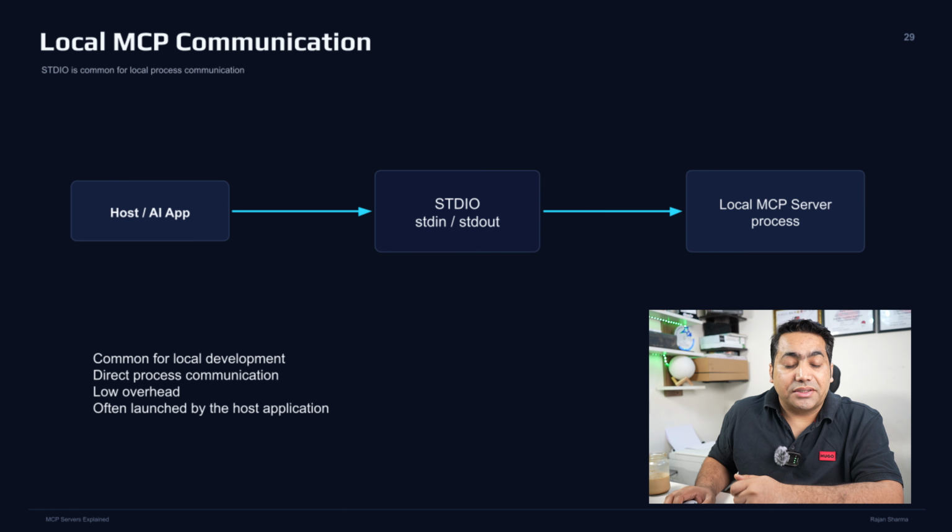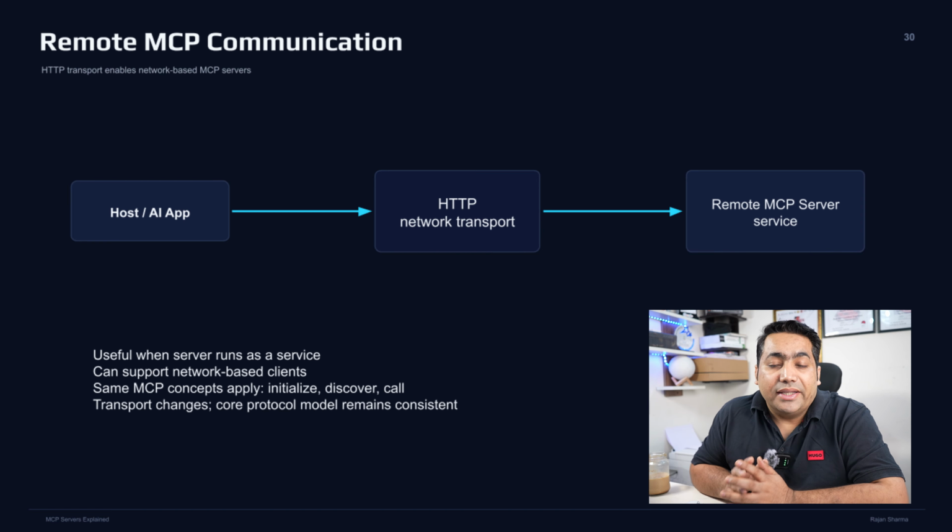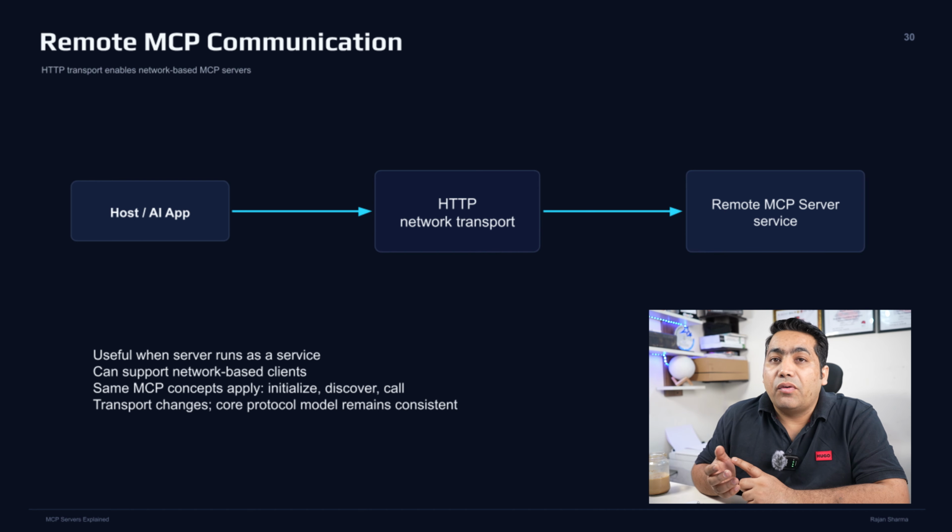It is simple, it has low overhead, and the host can directly manage the local processes. So stdio is often the local process communication path. And for remote MCP, HTTP transport is used for network-based servers.